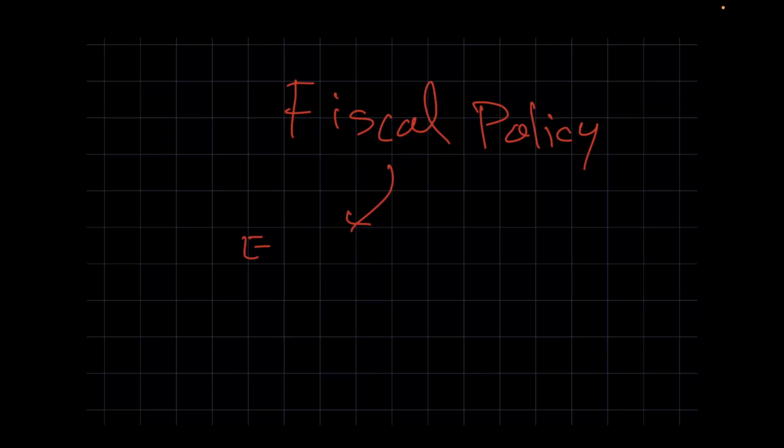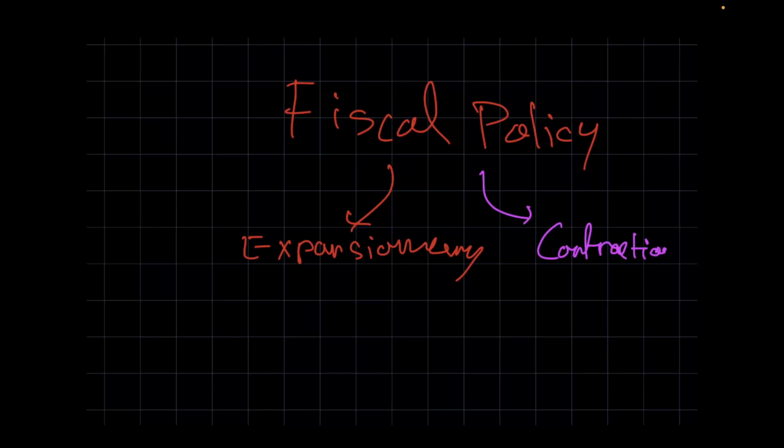You have expansionary and you have contractionary. Now what does this mean? Expansionary is when you're using the policy in order to raise aggregate demand.